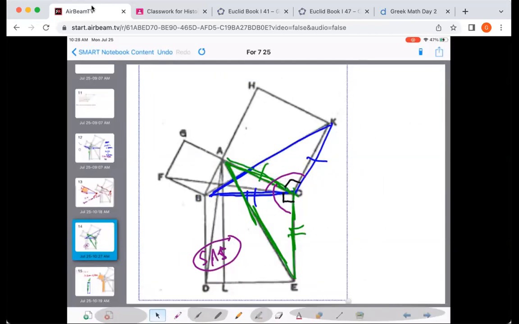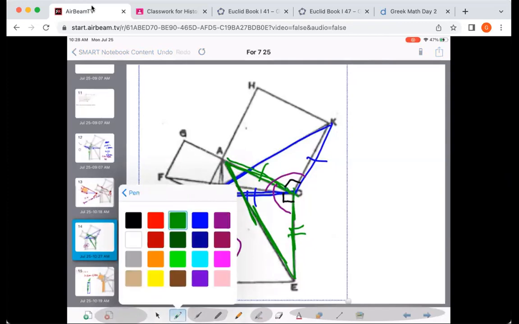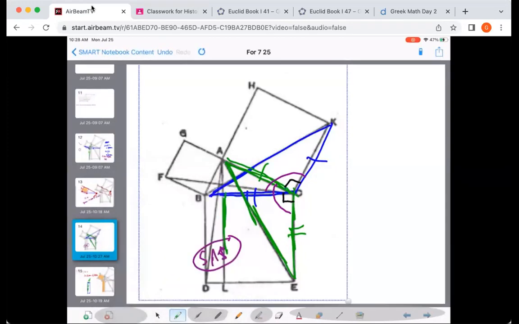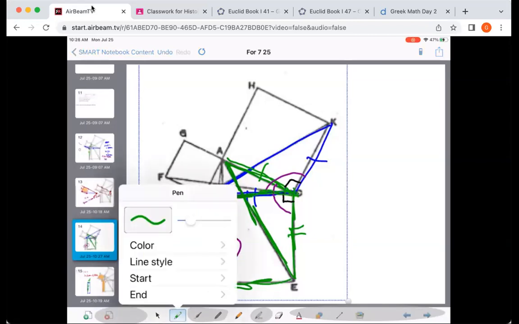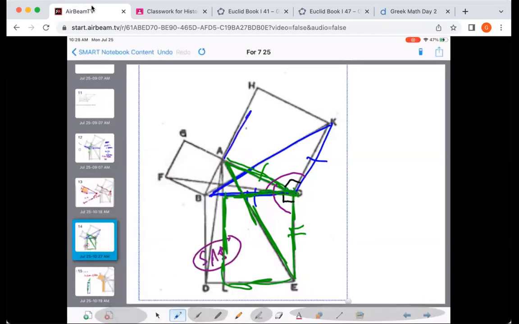And then by the same reasoning as before, I'm going to use green for this rectangle, even though this rectangle is double the green triangle. And I'm going to make this square blue because it's related to the blue triangle.